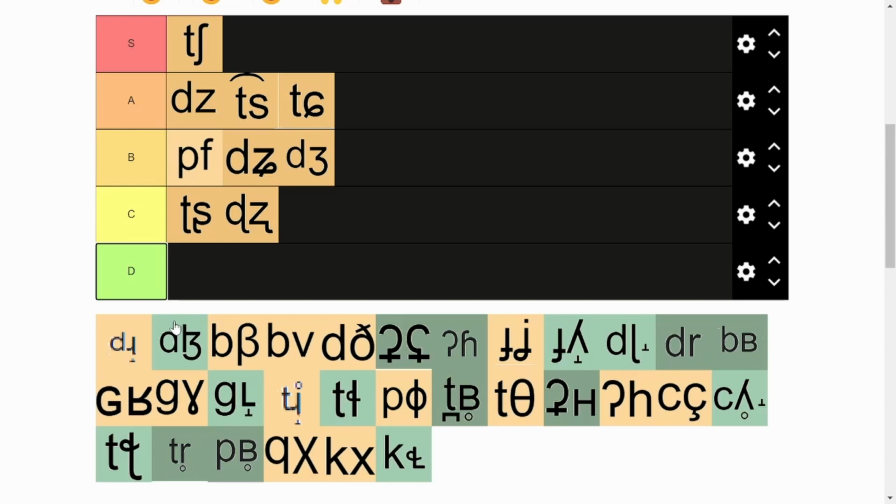And I don't like the sound of it as much as Pf. If I would have a conlang, and I would have a Pf there and some voicing technique, I would turn V into either B or V, because I don't like it that much. Pf, I like Pf.